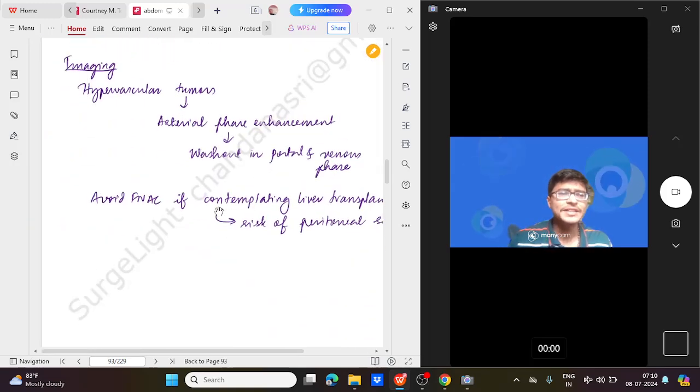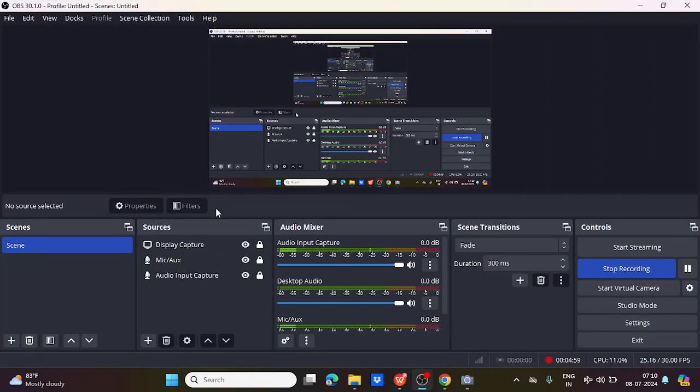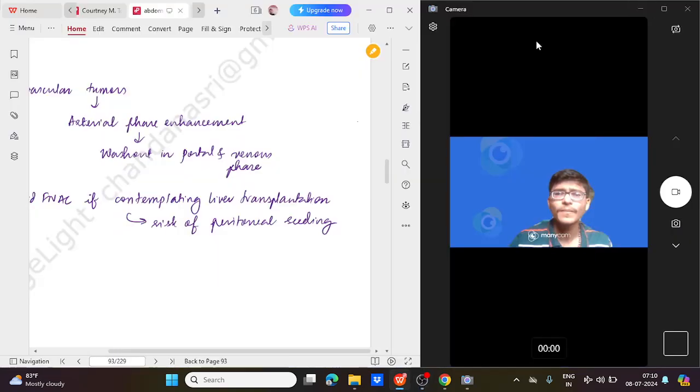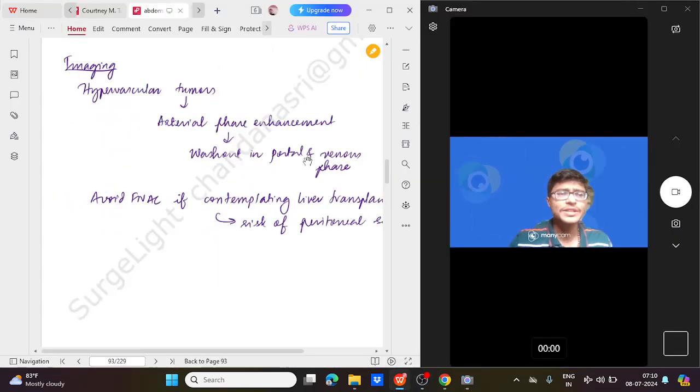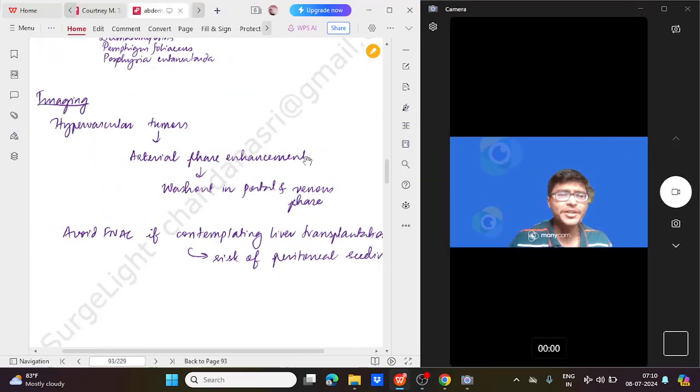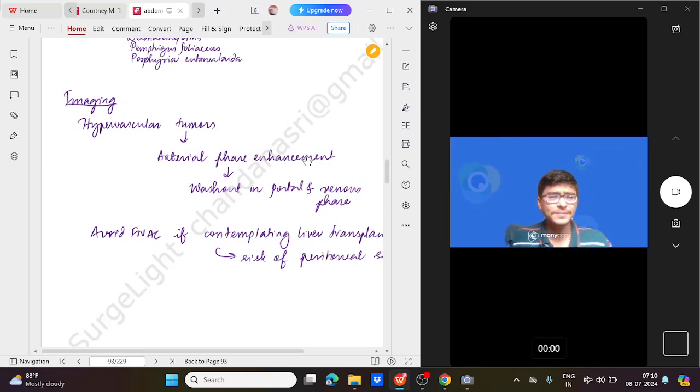Now we'll go ahead with the imaging features. These are hypervascular tumors. The initial investigation will be ultrasound, and the investigation of choice will be CECT, triple phase contrast CT scan.